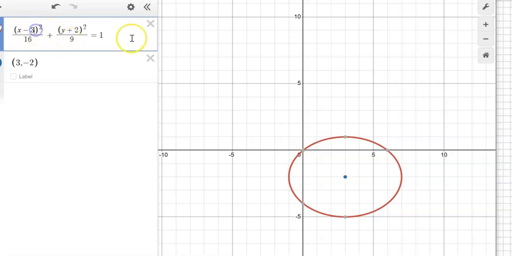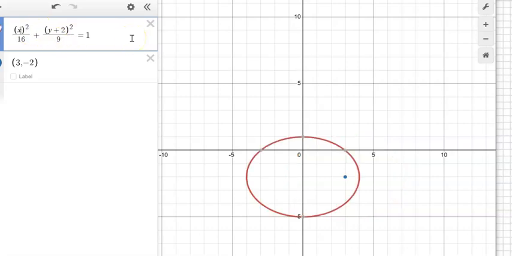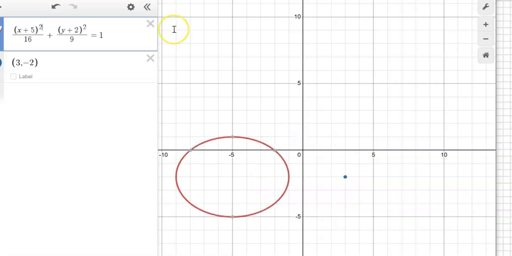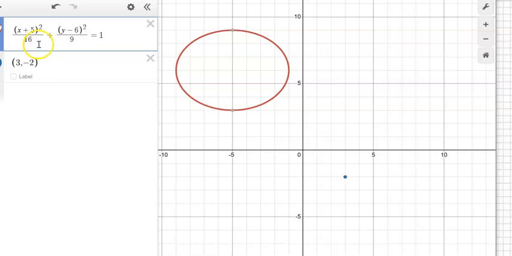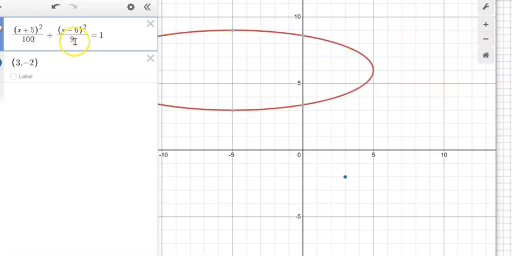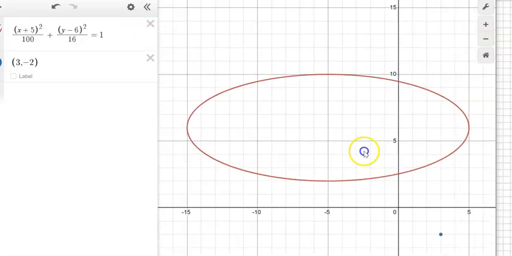I can say, like, where do I want the center to be? Let's say I want it to be at negative 5, positive 6. And in the x direction, I want an offset of 10. Well, then I would make this 100. In the y direction, if I want an offset of, let's just do 4, I would make this a 16.